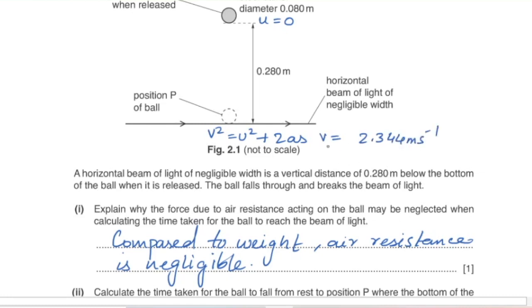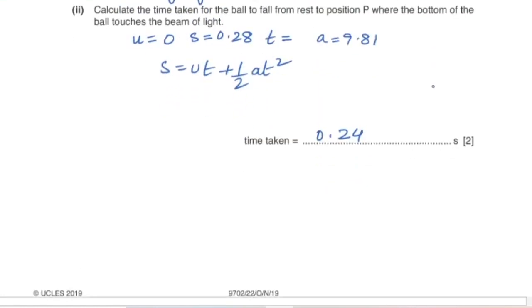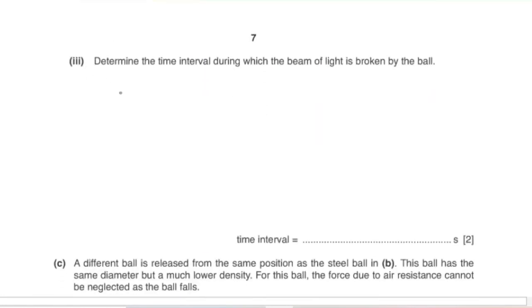Now we can consider this final velocity of the ball at position P as the initial velocity of the ball at position P, so that when it crosses the beam of light, we can actually calculate the time taken for that ball to travel through the beam of light. So we can consider at position P its initial velocity as 2.344.